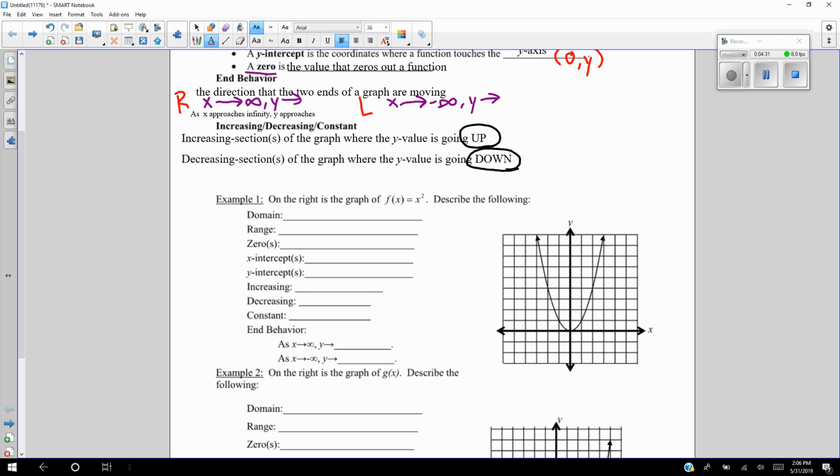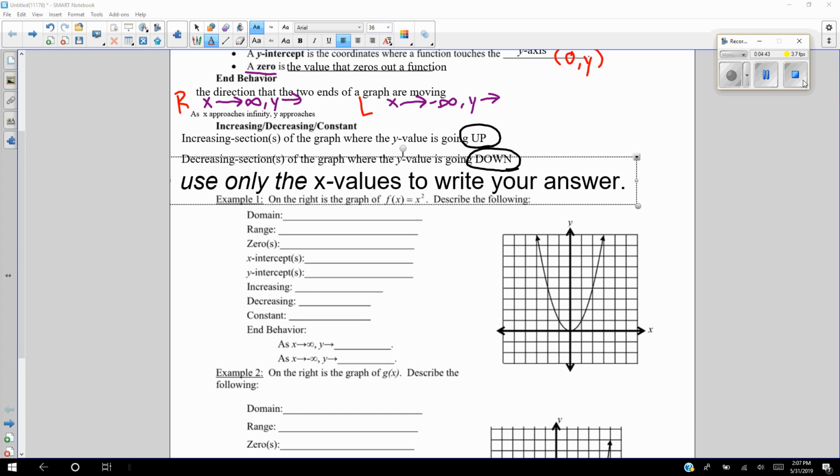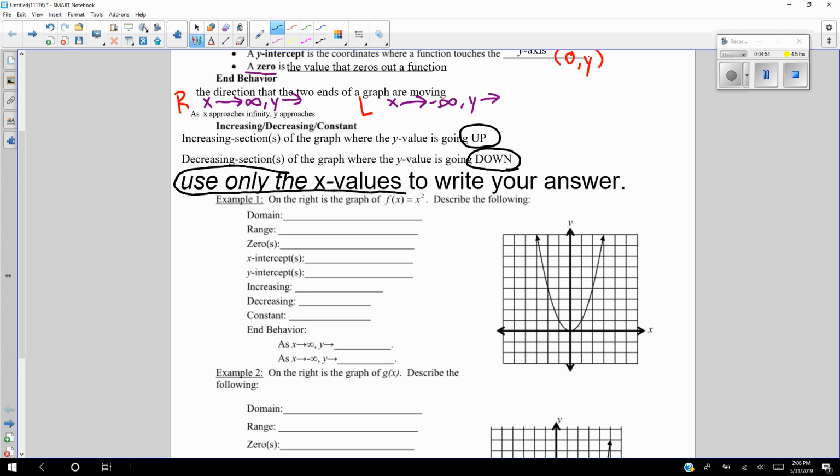Now the hard part of this is remembering that you use only the x values to write your answer there. So again, highlight that, put stars around it, because to determine where it's increasing or decreasing visually is actually pretty easy for most people, but remembering to use the x values when you write your answers is the tricky part.